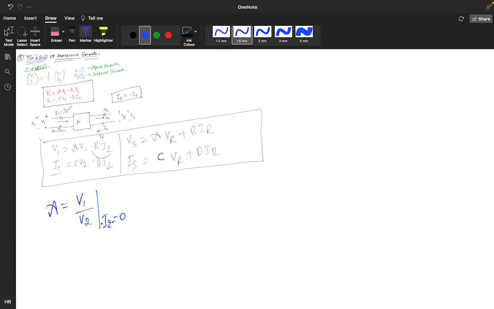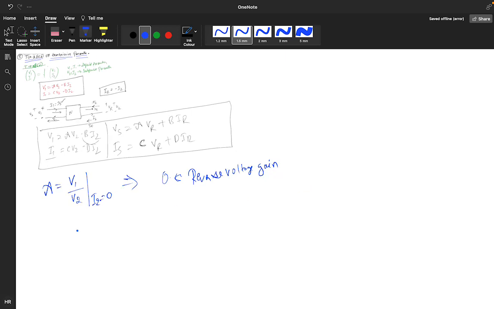So this is known as open circuit reverse voltage gain.